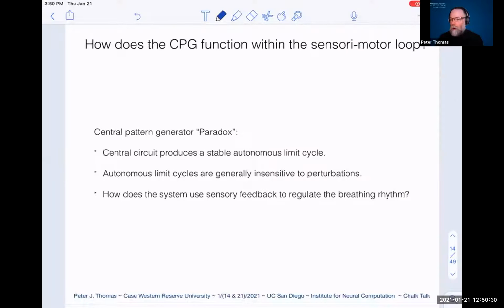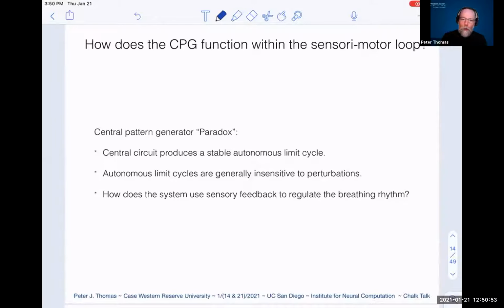All right, so we wanted to look at the question of whether the mechanism that generates these oscillations in the isolated system was necessarily the same as the mechanism that generates the breathing oscillation in the intact system. As theorists, our way of doing that is to build a closed loop control model and see how it behaves.